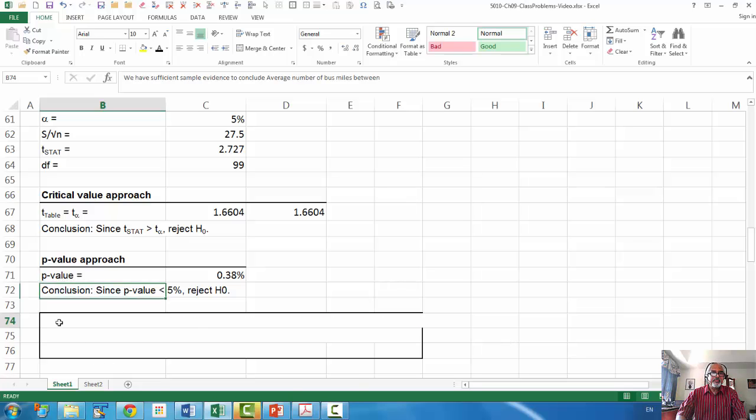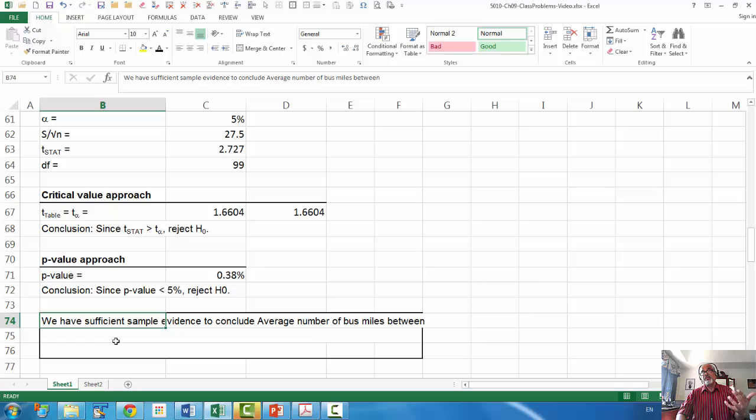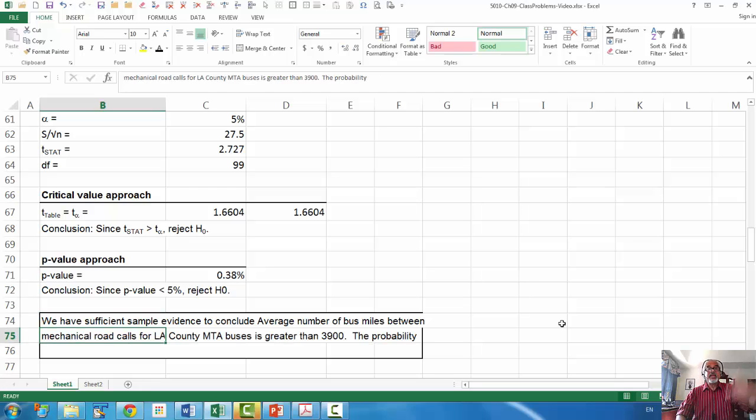Here, we have sufficient evidence to conclude that the average number of bus miles between mechanical failures is greater than 3,900, the condition stated in the alternative hypothesis. We have evidence to go with that alternative. We can now take a stand. And the probability that this is a mistake is only 0.38%. It's very small, so we can afford to take that risk.